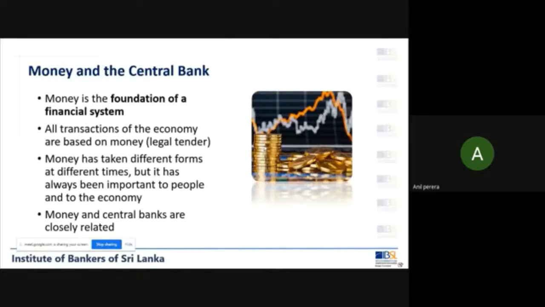All transactions in the economy, financial transactions, are based on money. Using money only, you can enter into a transaction in the modern context. In the past, you had some other options, which we will discuss in a while.